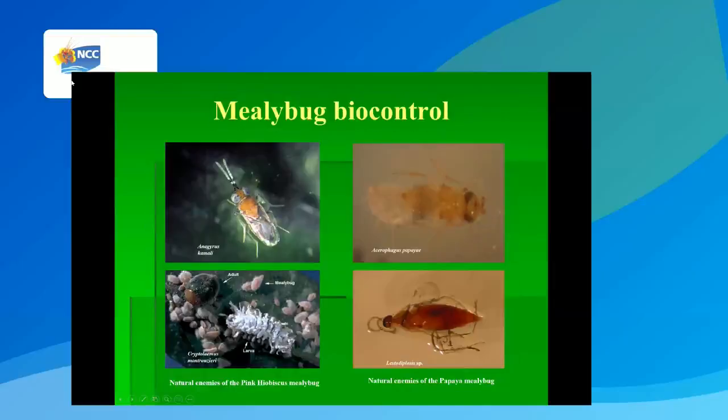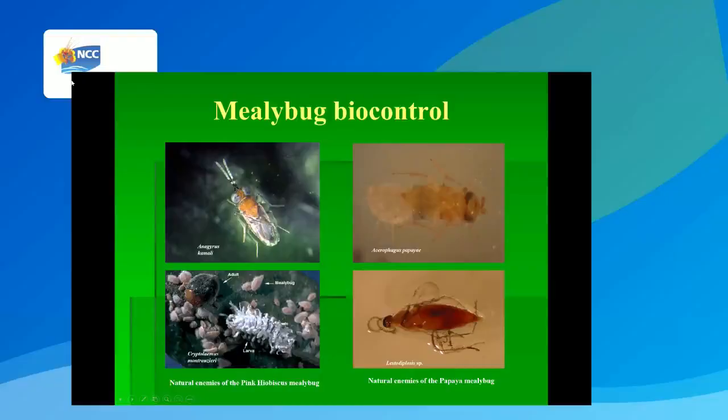Next slide, please. Now, these are the natural enemies, the organic control methods that have been used to give good control of those two mealybug pests that I mentioned, the pink hibiscus mealybug and the pawpaw mealybug.